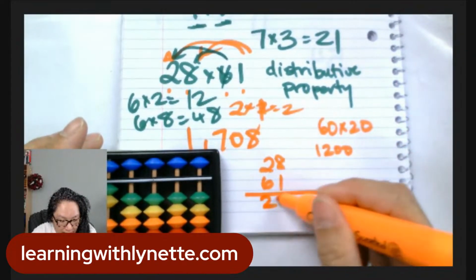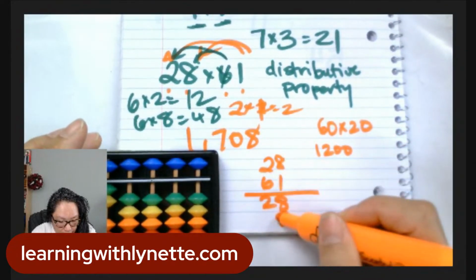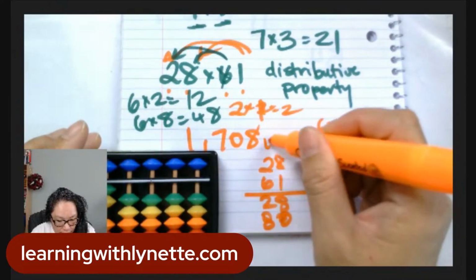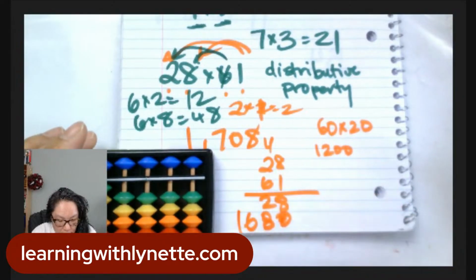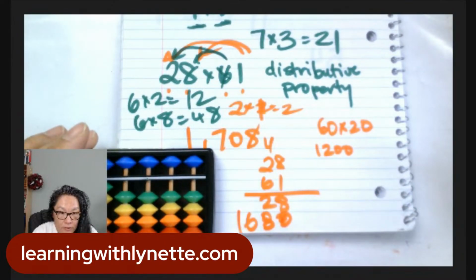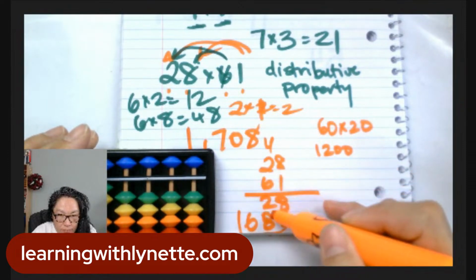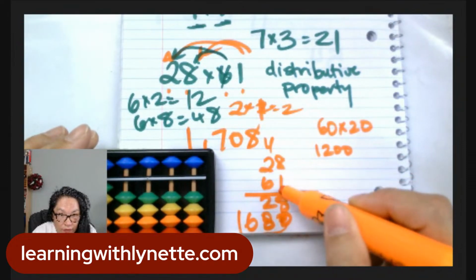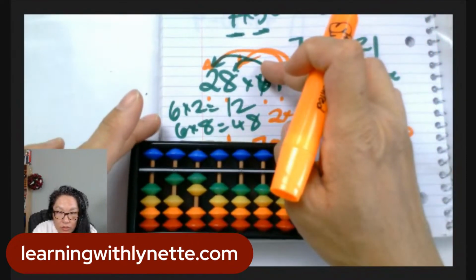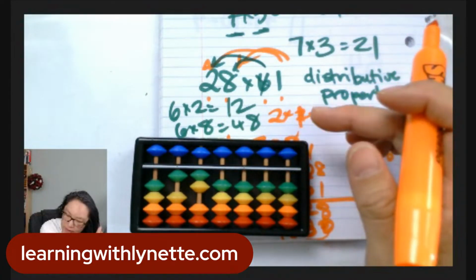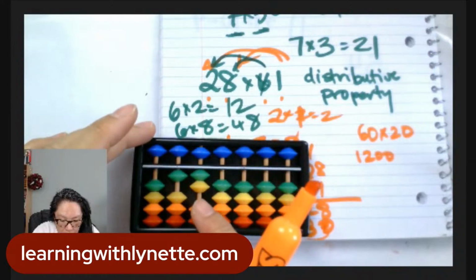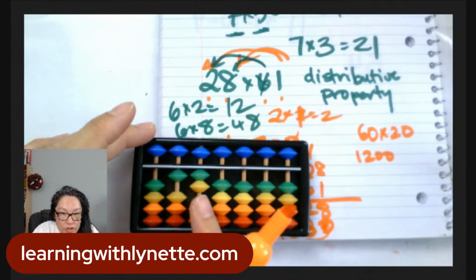So it's 28 and then 0, and then this is what? 8, 4, 12, 6. Does that make sense? So just like what we do here, but in mainstream math, we do the ones first. But in abacus world, we don't. We start from the outside in. You could do it the other way; it's up to you. But that's why we do it. So we have to cascade it. Does that make sense?